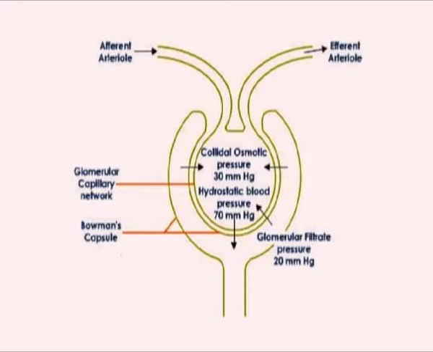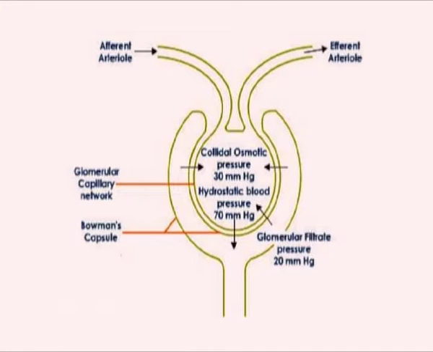Larger proteins and cells remain in the capillaries, creating a very hypertonic solution. Water and dissolved substances are present in the filtrate at about the same concentration as they are in the blood.